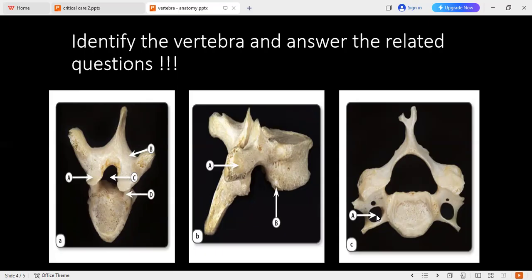Which spinal nerves will be affected? L4 and L5, and maybe S1. Just L5. Where does the spinal cord end in a neonate? In L3, between L3 and L4.